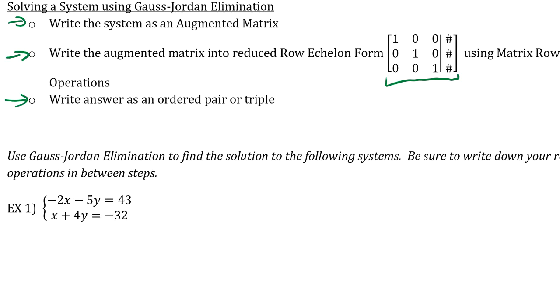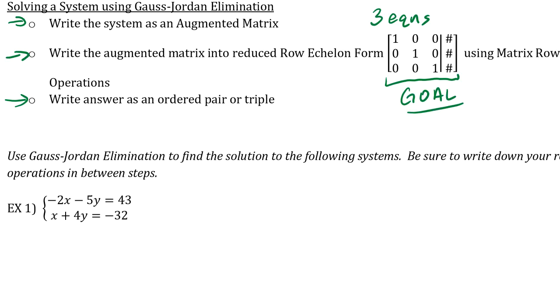So let's go back to that second step, the reduced row echelon form. The one that's shown is for 3 equations, but this is essentially the goal of this method.